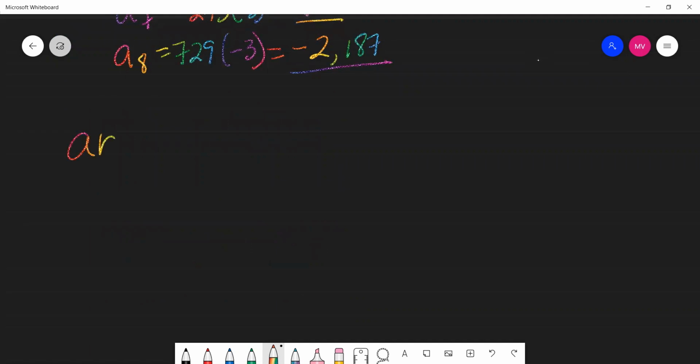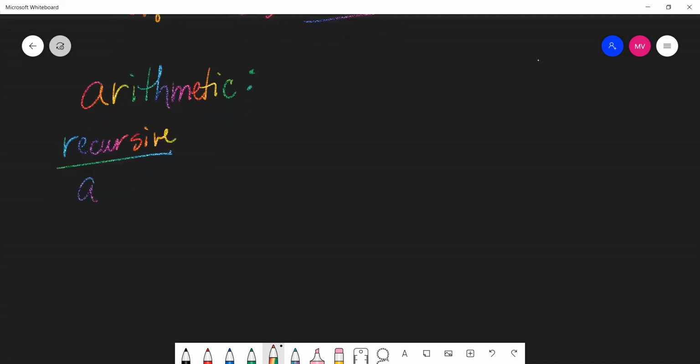If we want to look at arithmetic formulas, we have the recursive formula, which is the term at position n equals the... see, this is why I have to do this, because I get my recursive and my explicit mixed up every now and then.